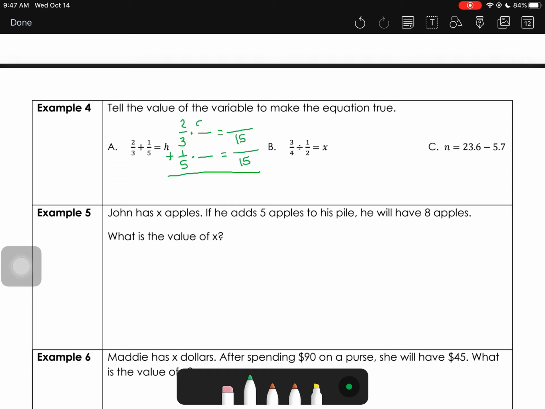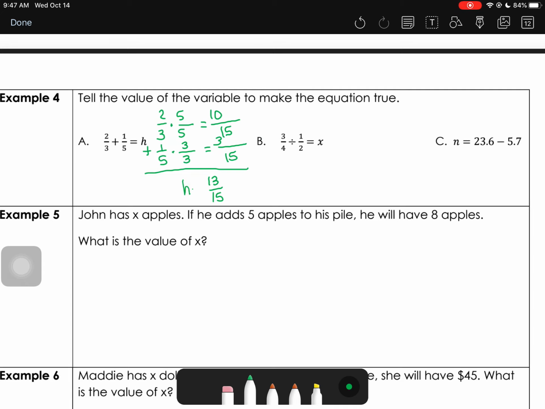So we're going to multiply both the top and the bottom by 5. And for the other fraction, we're going to multiply both the top and the bottom by 3. And when I add the two together, I get 13 over 15. And that's going to be my h value. So h is going to equal 13 over 15.